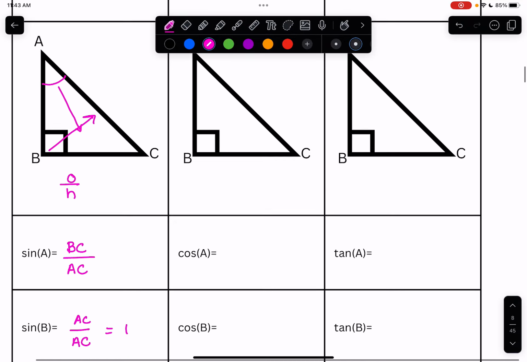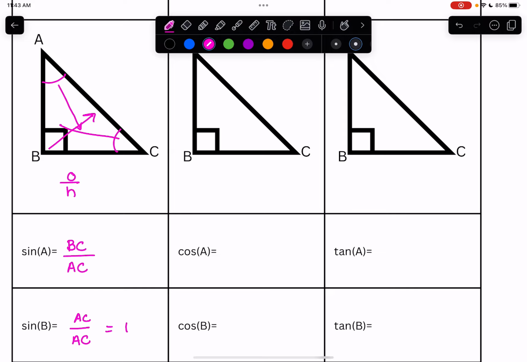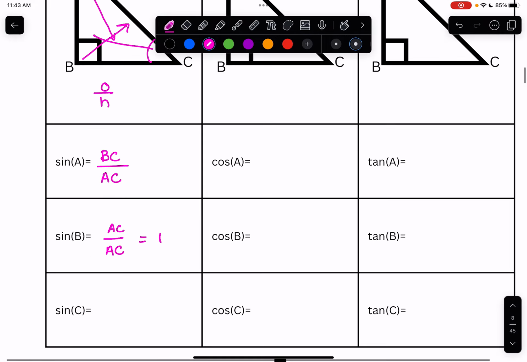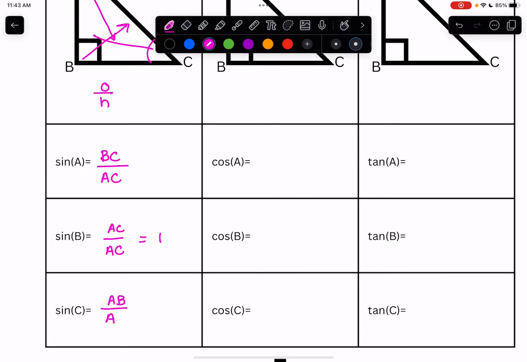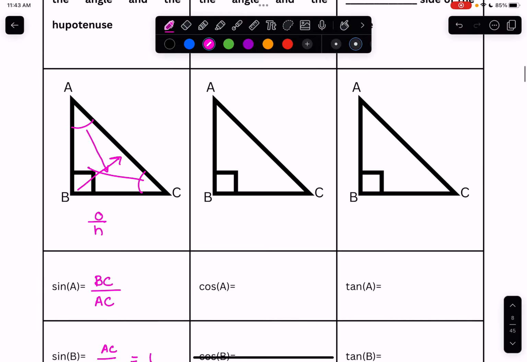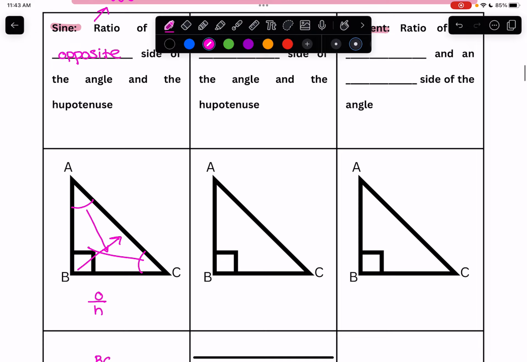For C, opposite we said was AB, hypotenuse is AC. This is how we set up trigonometric functions. When we go into problems, you'll see that we'll actually have numbers to fill everything in.